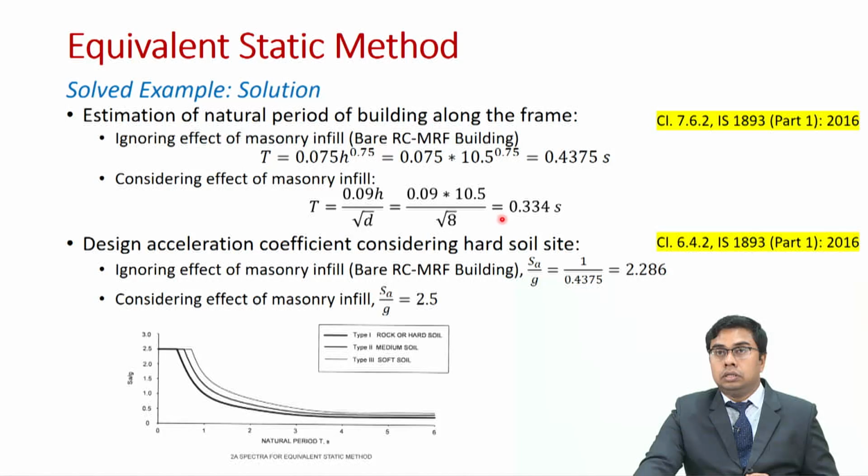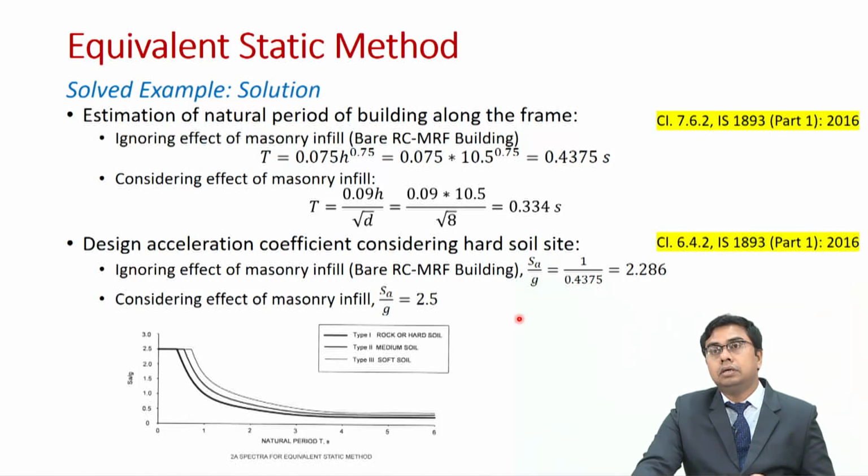Now, based on these values of natural period as well as knowledge of the underlying soil media, that is the hard soil site, we shall enter this very plot of SA by G versus natural period, and from there we shall be able to say that if we ignore the effect of masonry infill, the value of SA by G shall be equal to 2.286. If we consider the effect of masonry infill, then the value of SA by G shall be calculated as 2.5.